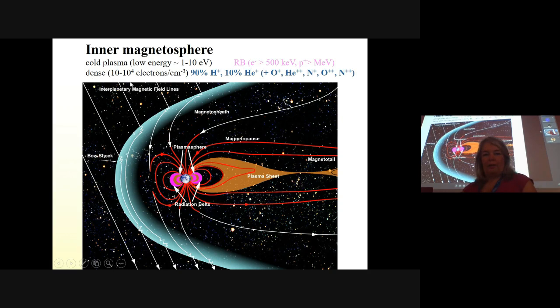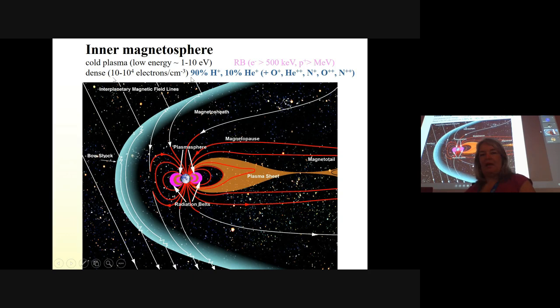This is low energy, but it is quite a dense region of the magnetosphere in comparison to the other regions of the magnetosphere, but of course low density in comparison to the ionosphere, because the density decreases exponentially with the radial distance. Typically there are between 10 and 10,000 electrons per cubic centimeter in the plasmasphere.